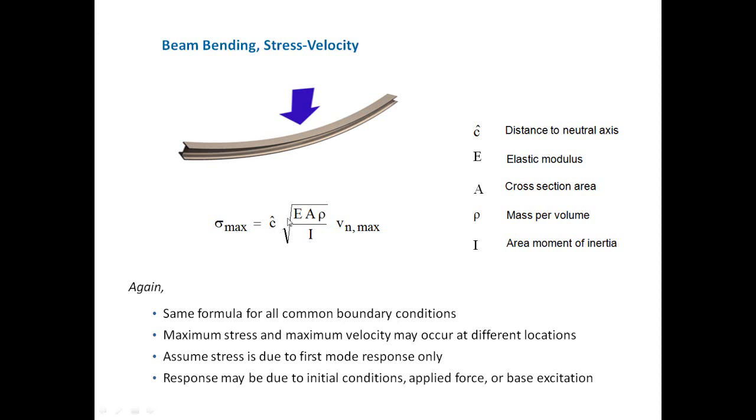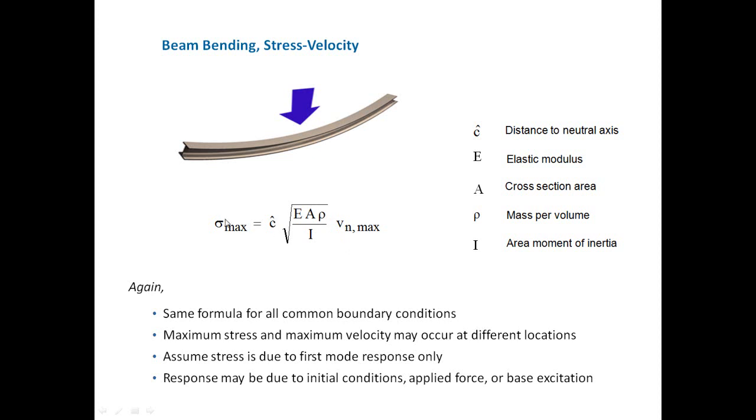So effectively, these terms together equal a constant, and that constant depends on geometry and material properties. So the maximum bending stress then is equal to this composite constant times the maximum modal velocity.